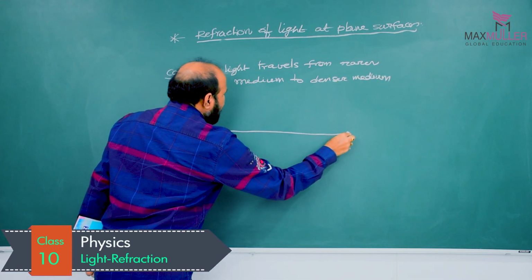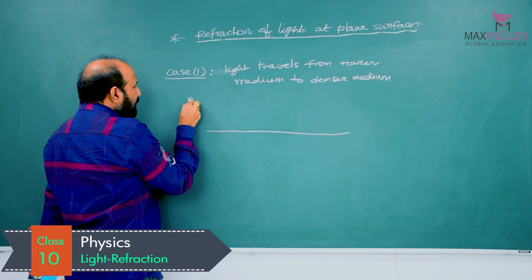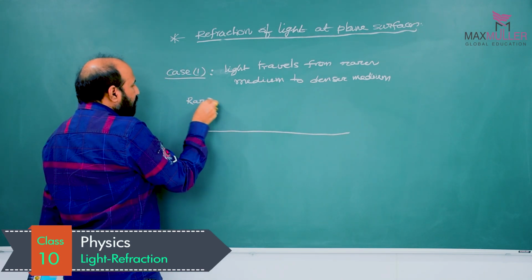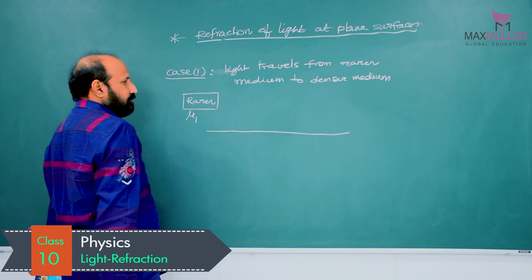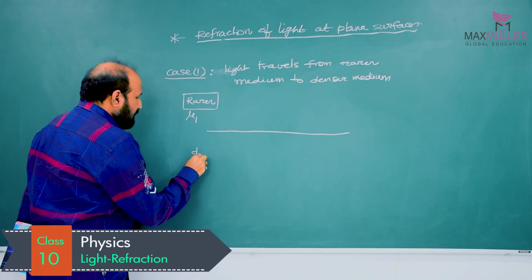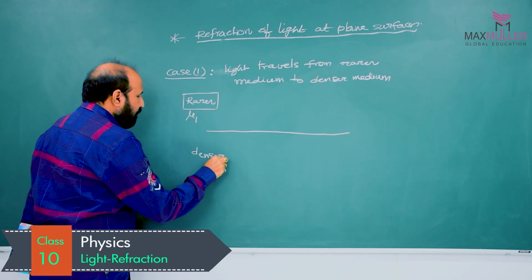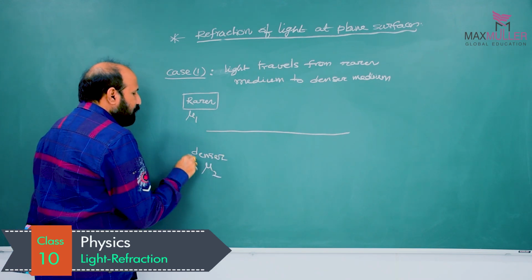Let us consider this is rarer medium whose refractive index is mu1. This is denser medium whose refractive index is mu2.